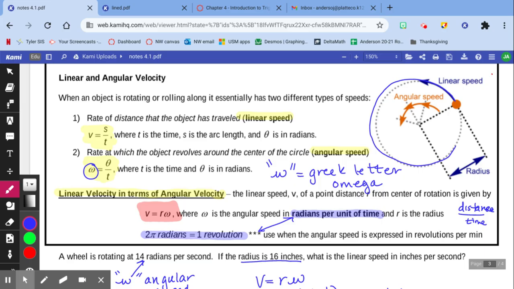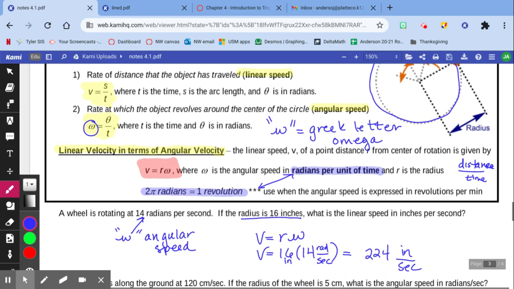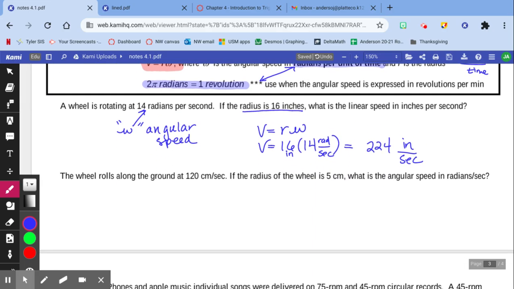It's rolling along the outside, so this is kind of like a car driving on the road. That's its linear speed, or its linear velocity. So this is actually giving us the v.